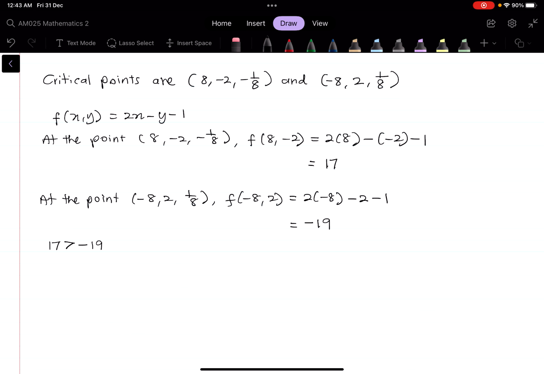From this, we know that the maximum value is 17, and the minimum value is negative 19.